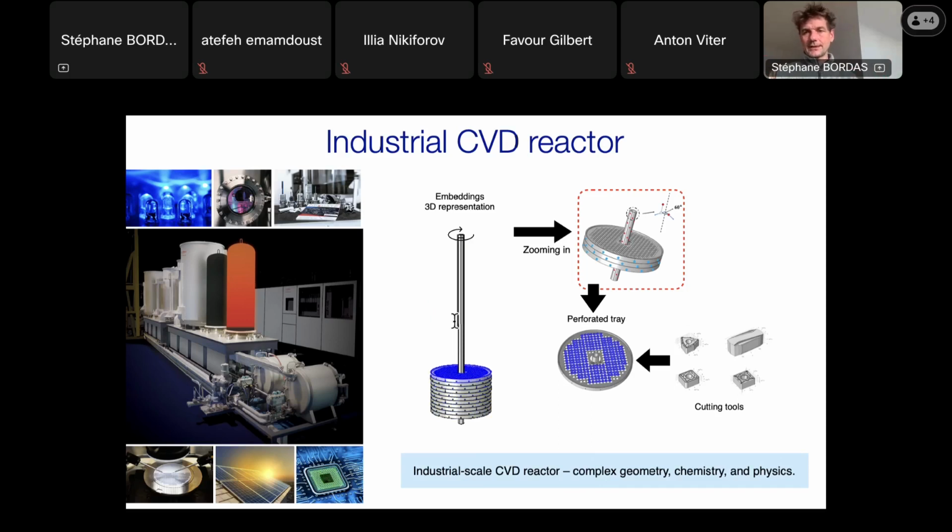So either whatever comes from the bottom here is going to be deposited along the height, along these cylinders, these little plates. So it's going to be deposited.